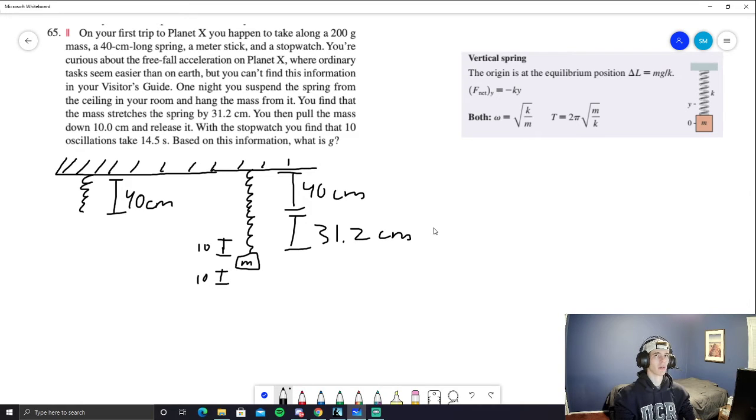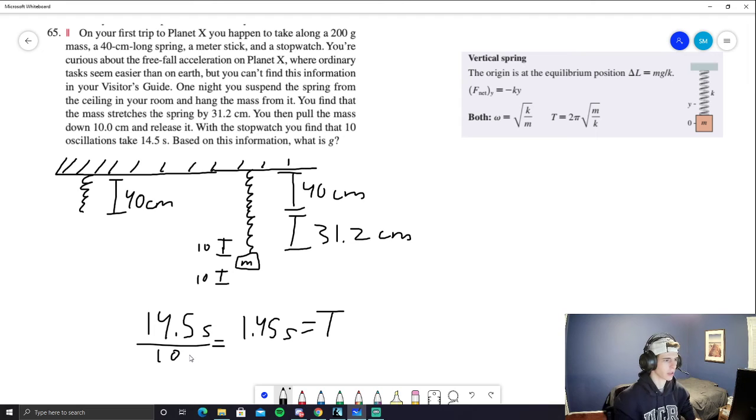So if we think about what that means in terms of a period, if it takes 14.5 seconds to do 10 oscillations, then we could easily find the amount of time for one oscillation. You just take the time divided by the number of oscillations. That gives you the period. So now we have that.